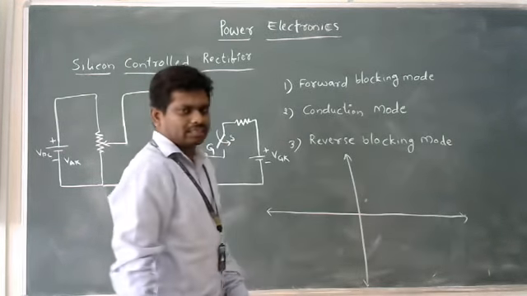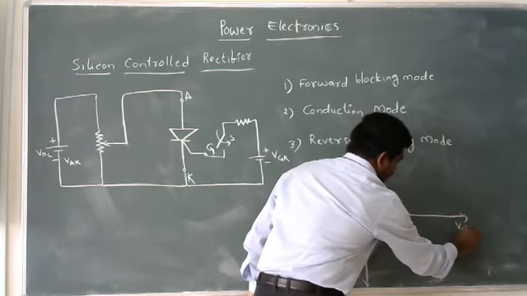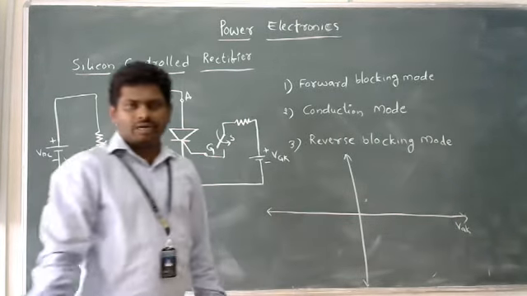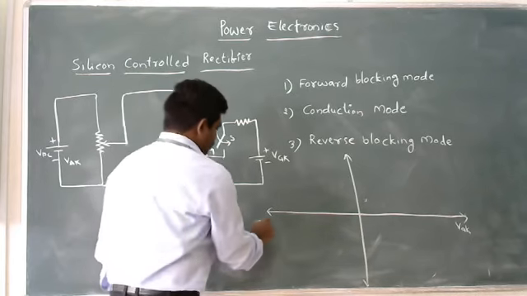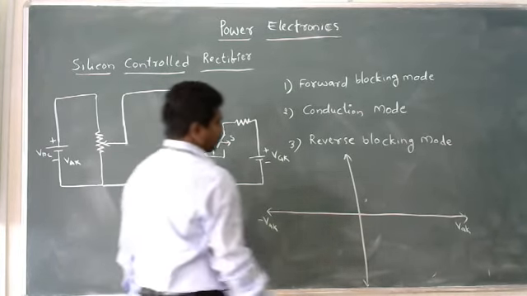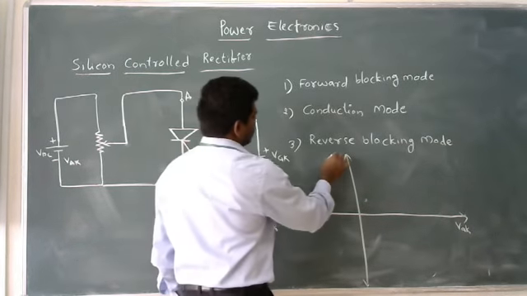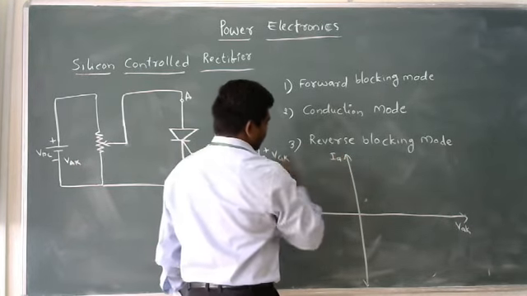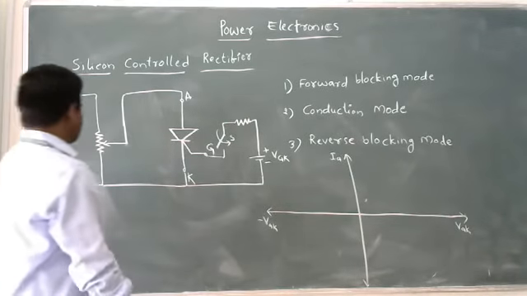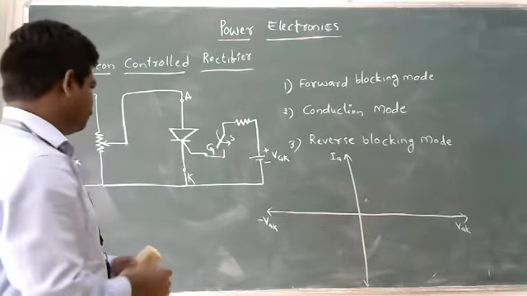On the x-axis, I am taking the voltage applied across anode and cathode. So this side is minus VAK. On the y-axis, I am taking the current flowing through the device, that is IA. IA current means the current which is flowing from anode to cathode.